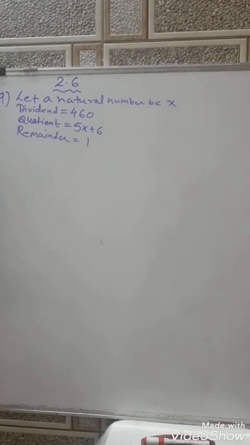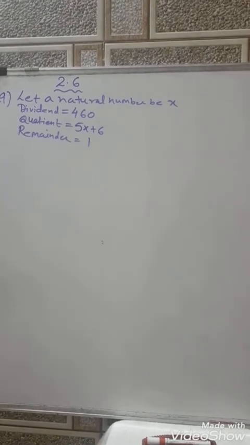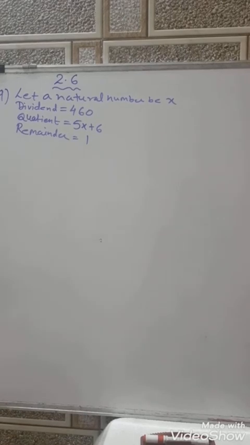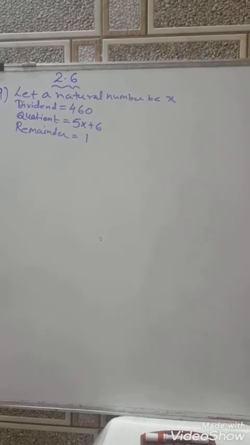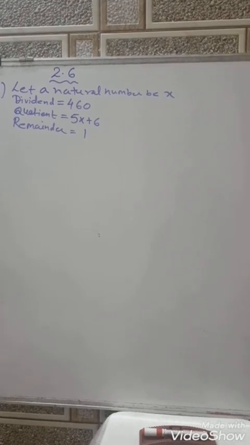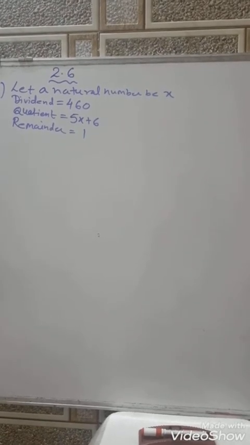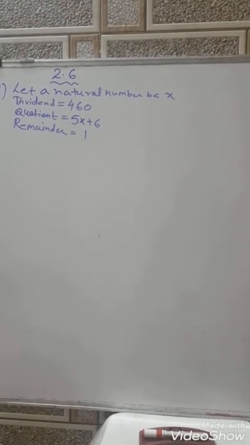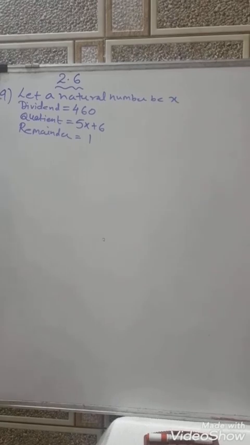Now the ninth one. If 460 is divided by a natural number, the quotient is 6 more than 5 times the divisor and the remainder is 1. Find the quotient and divisor. So 460 is the dividend, divided by a natural number.